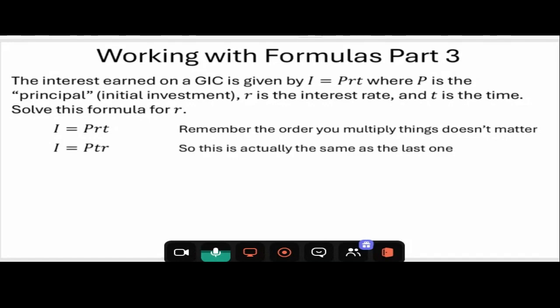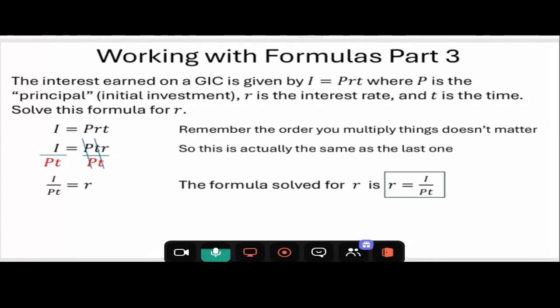So I divide both sides by P and T because they both cancel out, which leaves the R by itself, which is exactly what we were trying to do. What's now on the other side? I divided by PT. And so this equation, isolated for R, is I over PT.